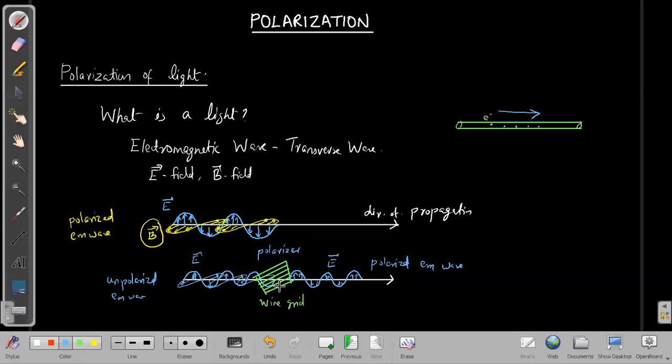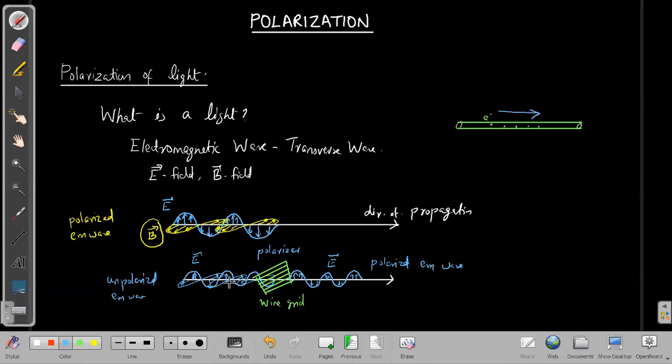Now in this entire discussion we have just ignored the presence of the magnetic field. So actually the magnetic field is present all over this wave. Here there is a vertical electric field oscillation; there will be a corresponding magnetic field oscillation in the horizontal direction, and there is a horizontal electric field oscillation here; there will be a corresponding vertical magnetic field oscillation also.